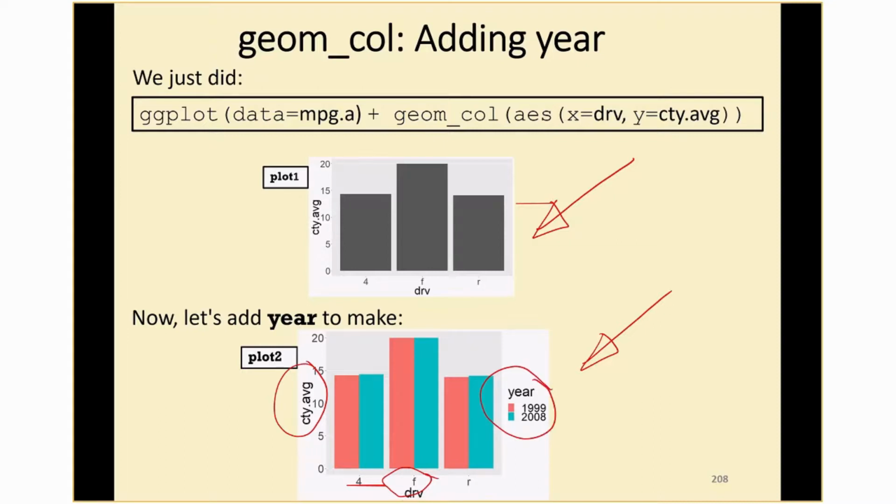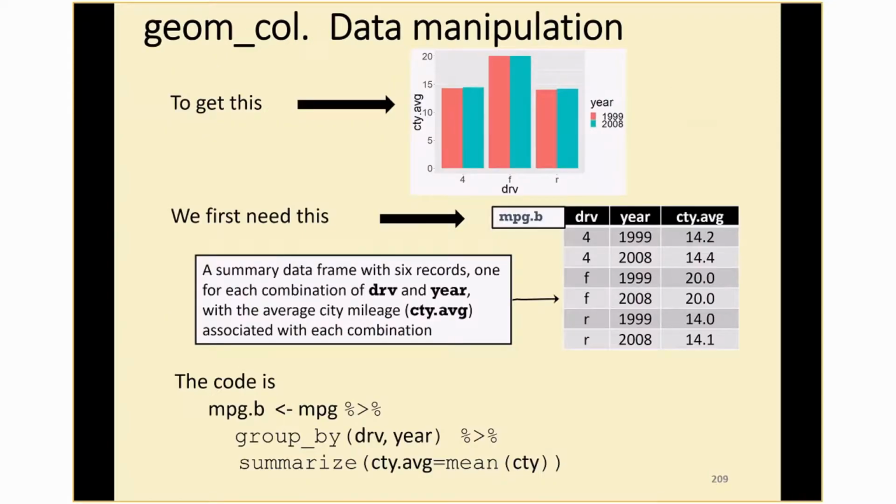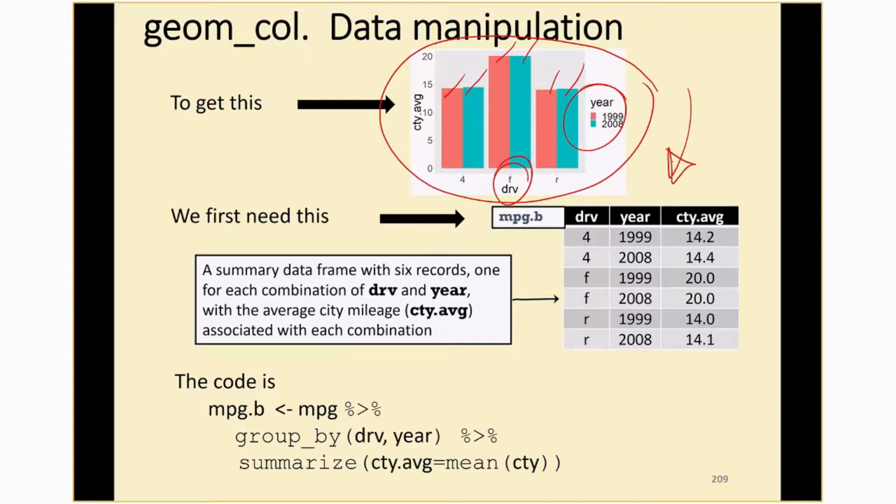So now we've got these two predictors, drive and year. We're going to have this summary plot that's going to have these 6 different values corresponding to 3 drives and 2 years. So in order to make that plot, we're going to need a summary data frame that has 6 records corresponding to the 3 different drives, the 2 different years, and average city mileage.